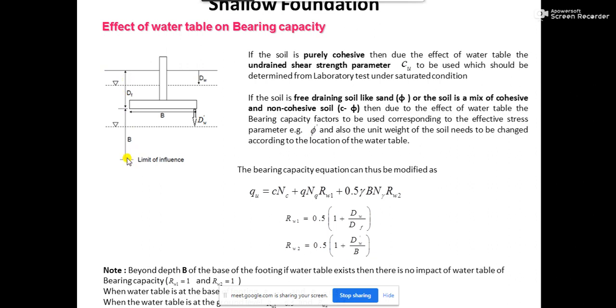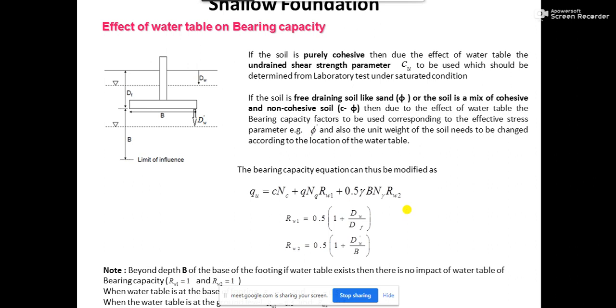So when the water table is at 3.5 meter below the ground level, it is somewhere over here, beyond the limit of influence. So when the water table is beyond the limit of influence, you need not bother about its effect on bearing capacity, because your Rw1 and Rw2 factors will automatically become equal to 1.